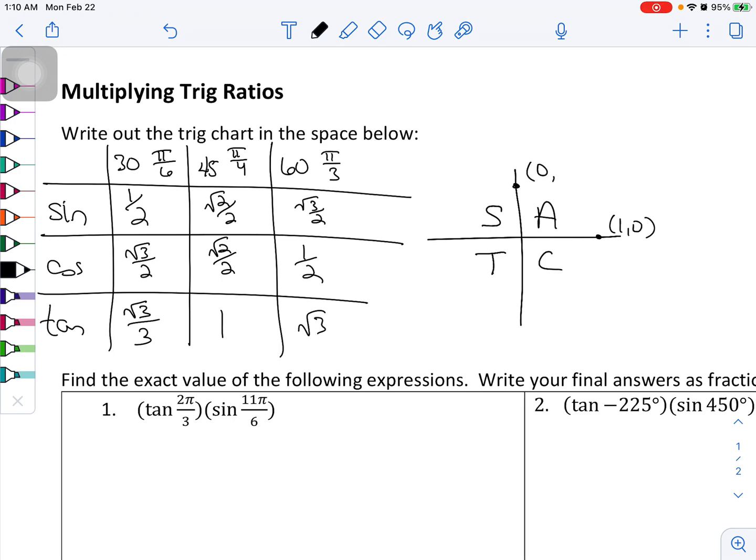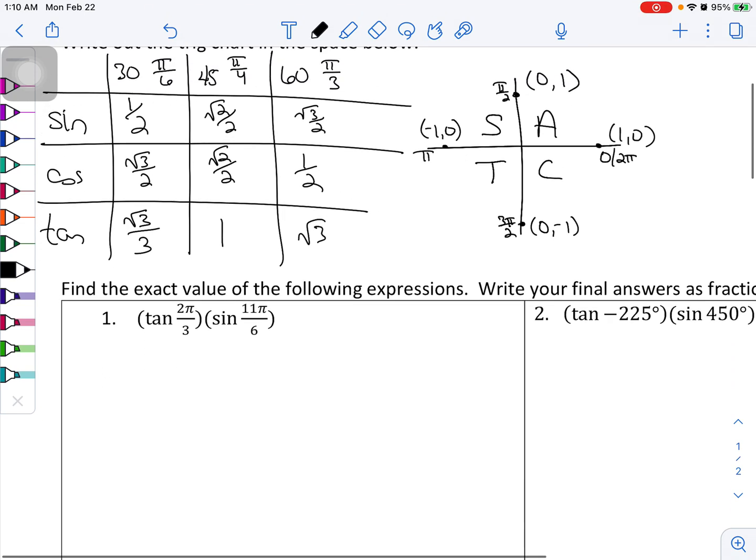This is my own added piece of information, just because if I've got values on the unit circle, on the axes, it helps me remember. So this is 0 and 2 pi. This is pi over 2. This is pi, 3 pi over 2.